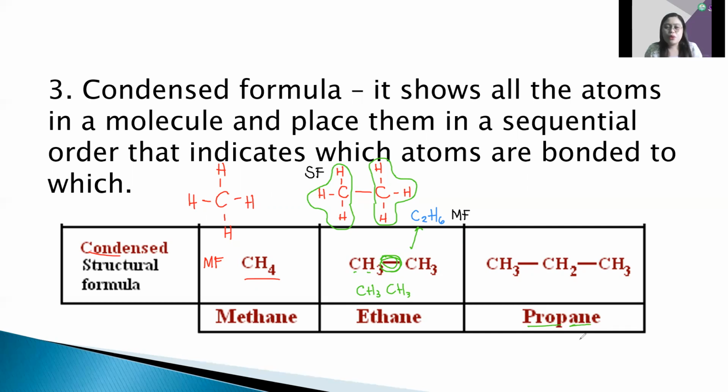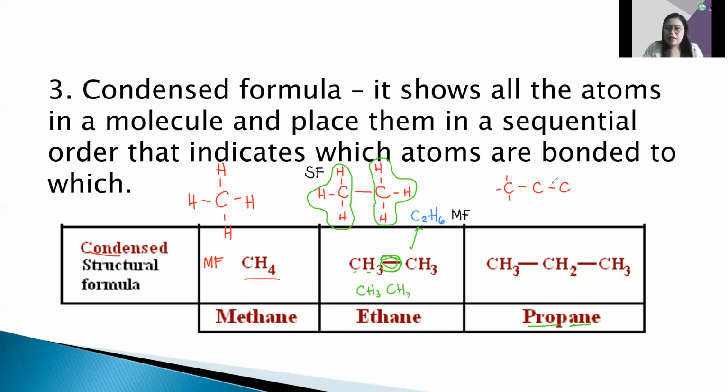I will just show you first the difference between the various types of formula for organic compounds. So for propane, if we are going to draw its structural formula, we have here 1, 2, 3, three carbons, and then remember, 4 bonds for each carbon.